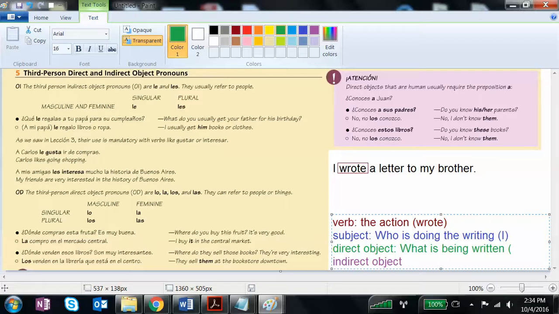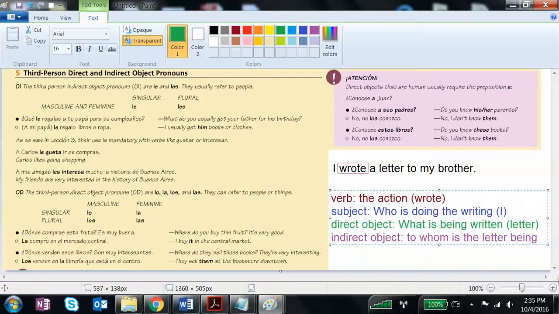That's the letter. And then your indirect object is to whom is the letter being written. And that is going to be brother.